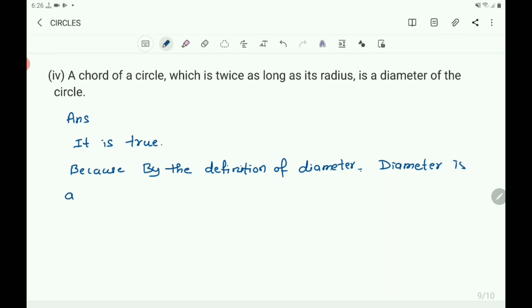Diameter is a chord of the circle and it is twice the radius.